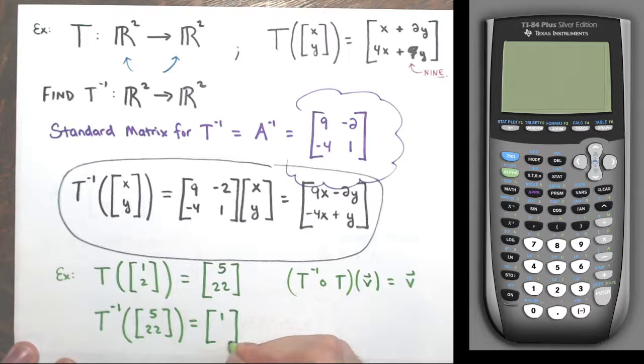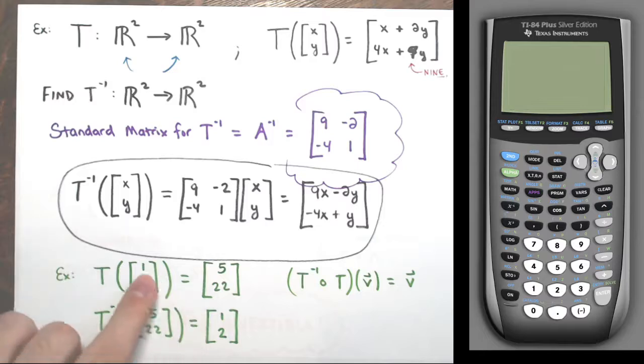Second component: -4 times 5 is -20, plus 22 is 2. And look, exactly what I said would happen, exactly what should happen when you compose inverses.